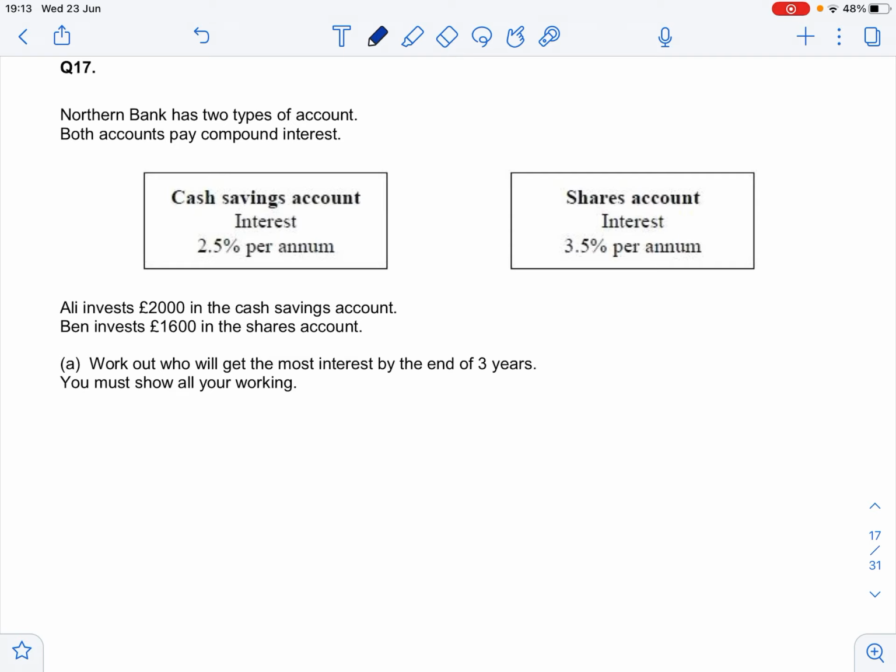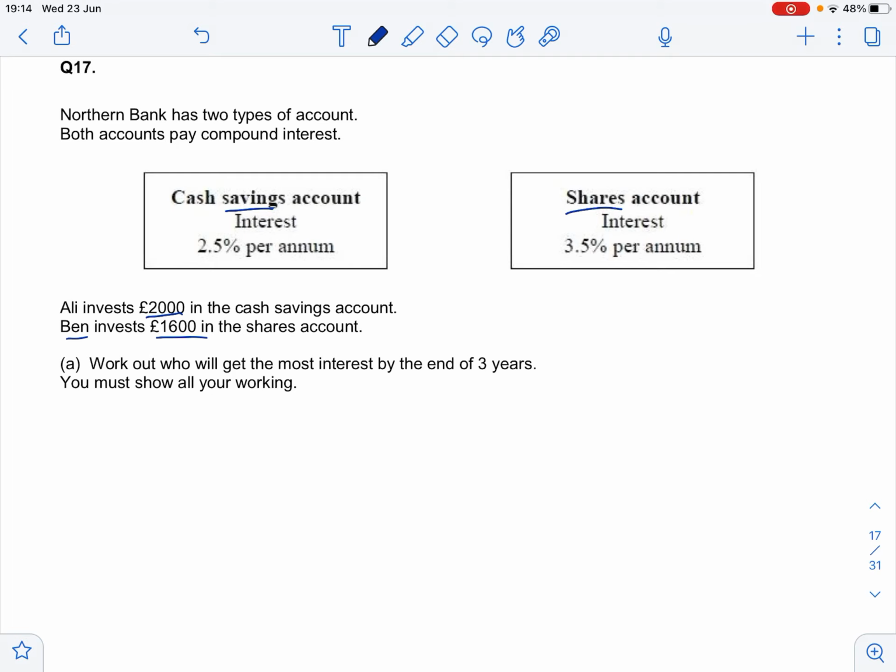Question 17 here. So we're told that Ali invests £2,000 in cash in the savings account. This is a savings account. Ben invests 1,600 into the shares account. Work out who will get the most interest by the end of 3 years.